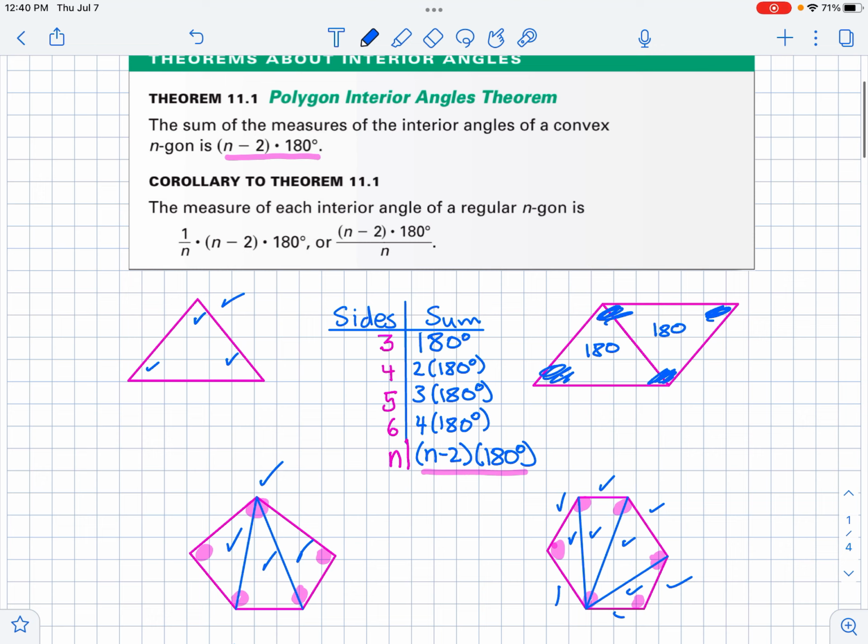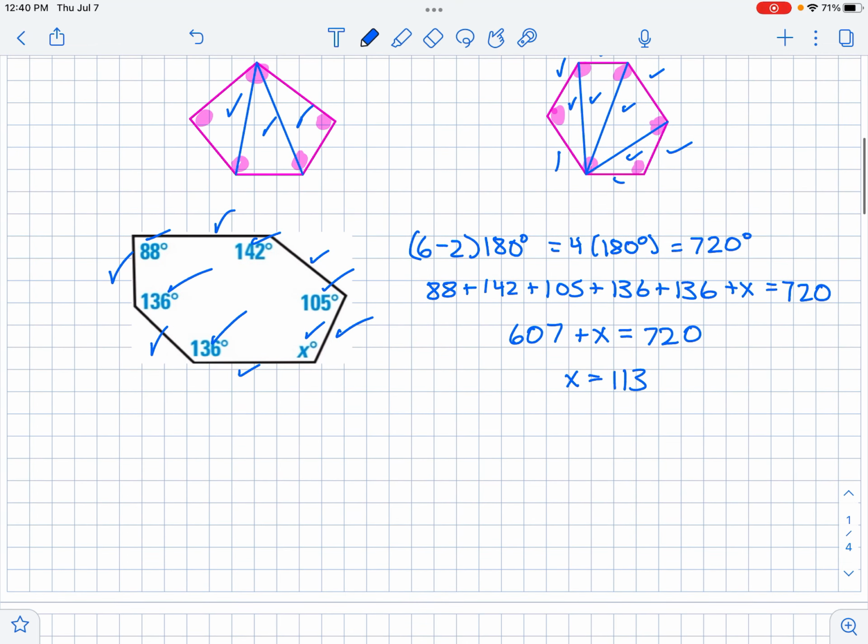Now, look, if you're dealing with a regular n-gon, then you know that all those interior angles are the same. So if you want to find out what the measure of one angle is, you just divide. For example, let's suppose we've got an equilateral triangle, and we want to know what is the measure of one of those angles.